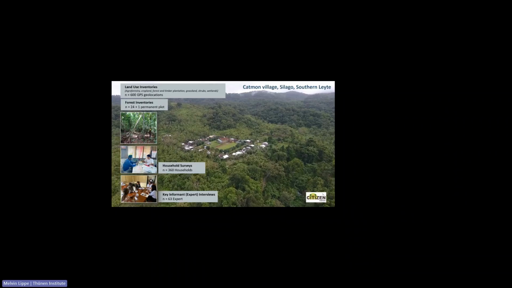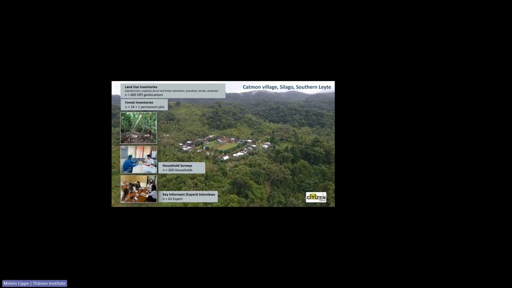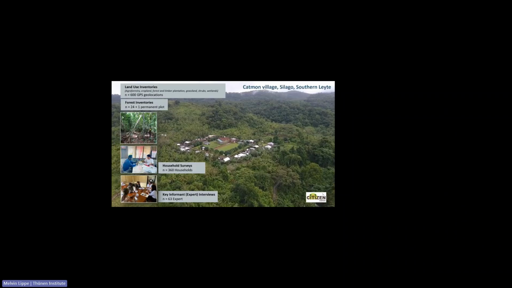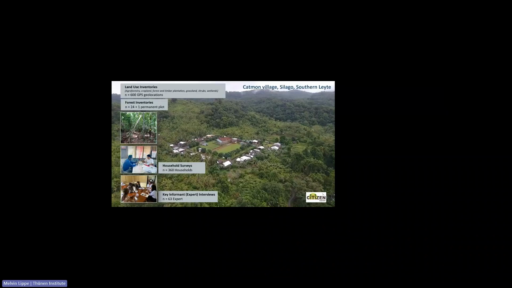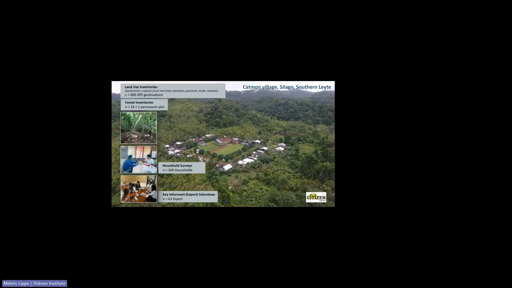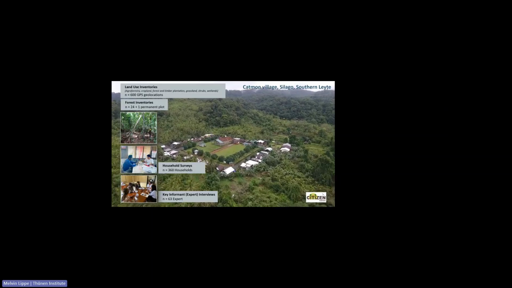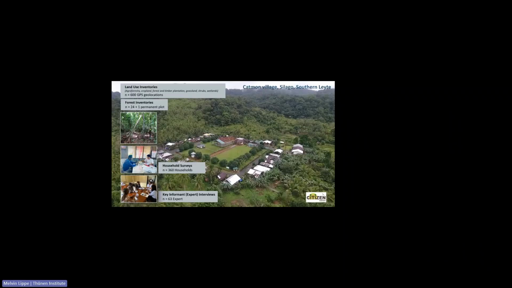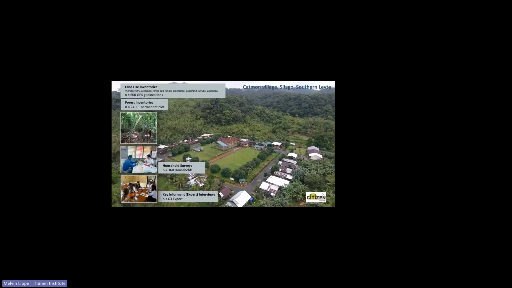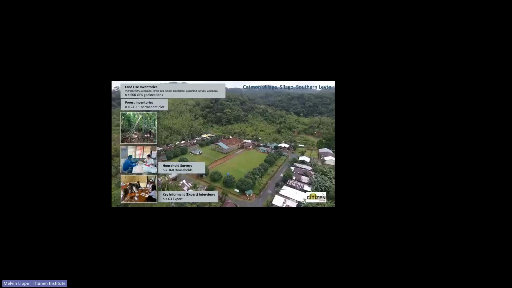So let's now have a look at one of the study landscapes. I hope you can see the video. It was taken by a drone. This is one of the upland villages in the study landscape of Silago. And on the left, you also see some of our field data components. So this is a very classical village system in a forest landscape.